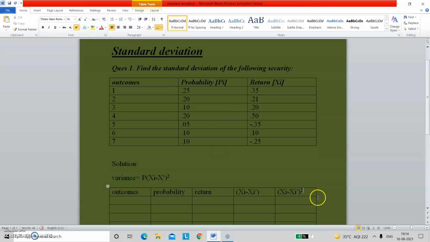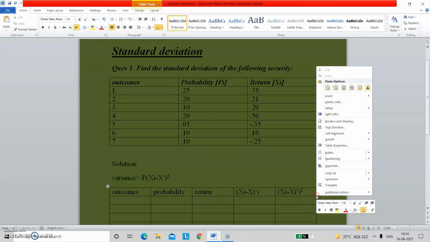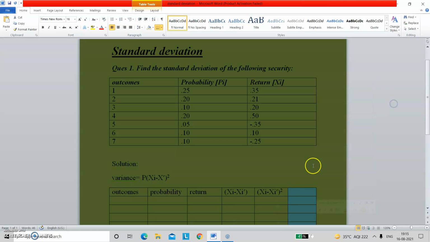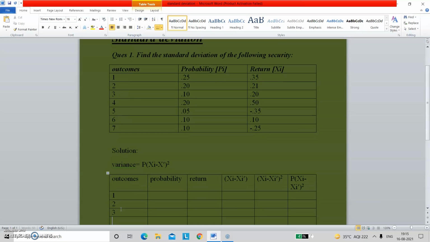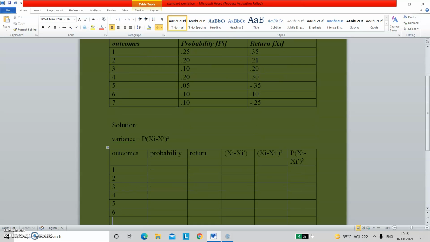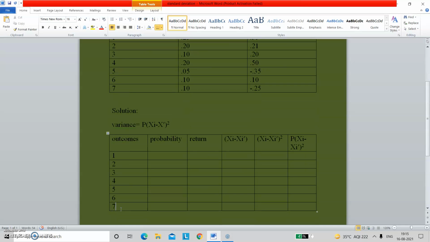And we are going to insert one more column over here, that will be probability into this, right? So outcomes are 1, 2, 3, 4, 5, 6 and 7, right?